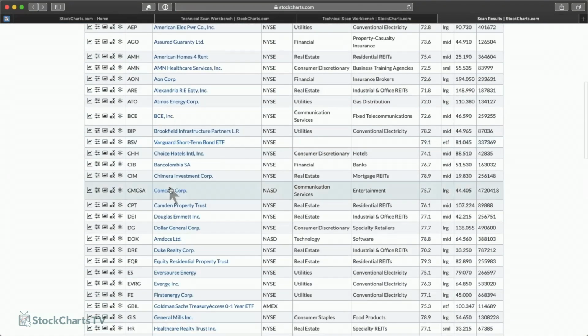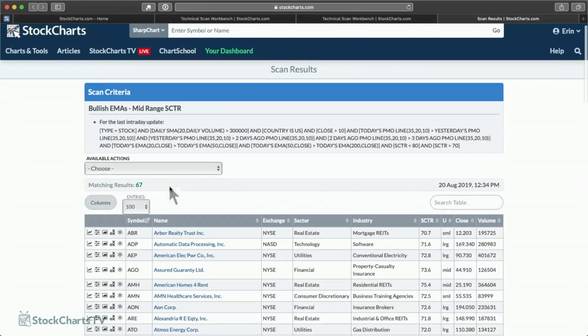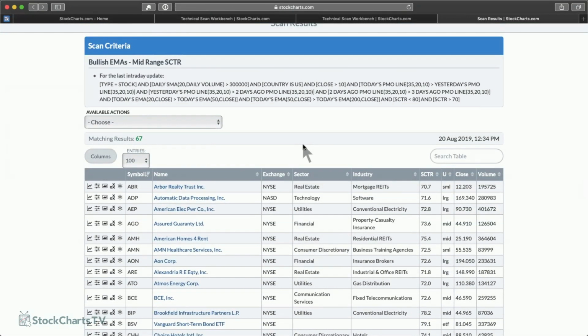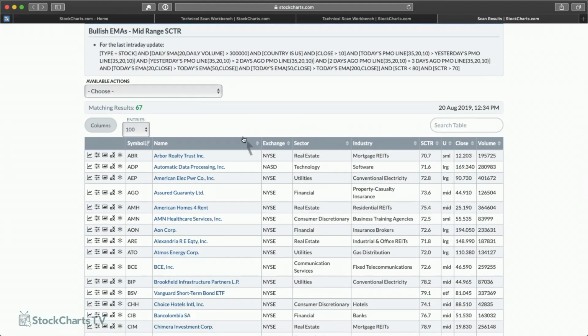I had somebody send me an email and ask, do you run the scan every day, because sometimes I end up getting duplicates? Well, I do not run it every day. I tend to run it maybe once a week, maybe every 10 to 14 days, because I don't trade that often.